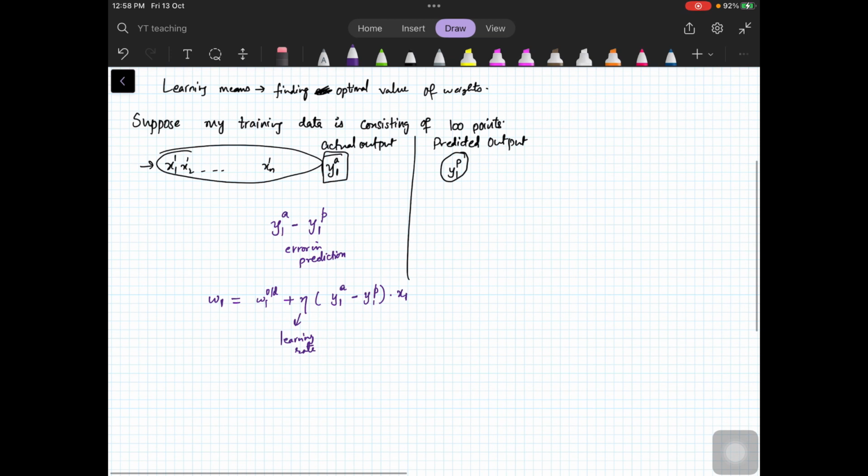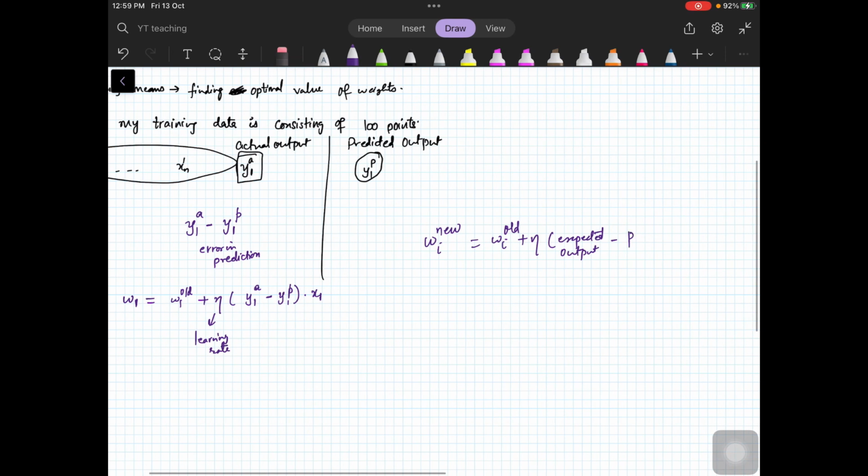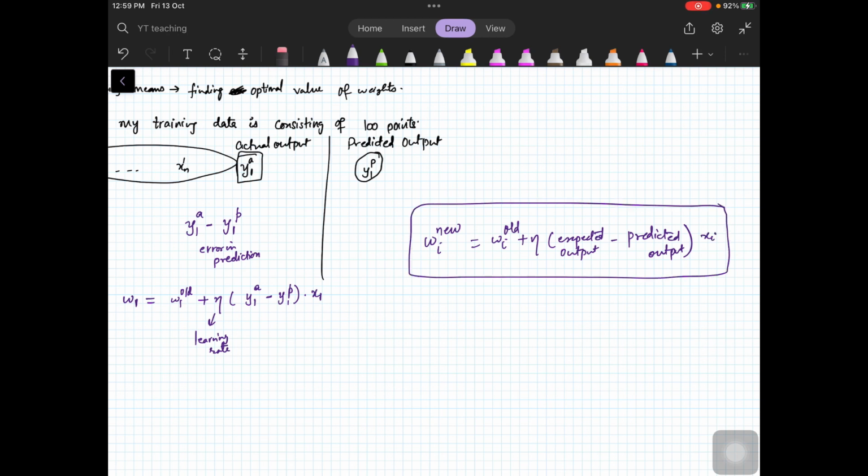So we have this rule that w new for any ith component would be w old plus learning rate times actual output minus predicted output times xi. This is the rule for updating all the weights, for i equal to 1, 2, 3 up to n.